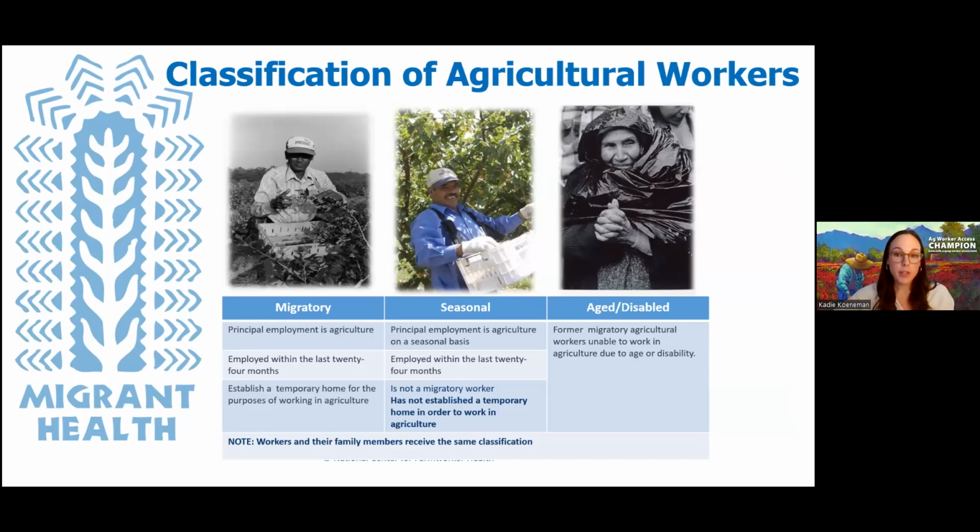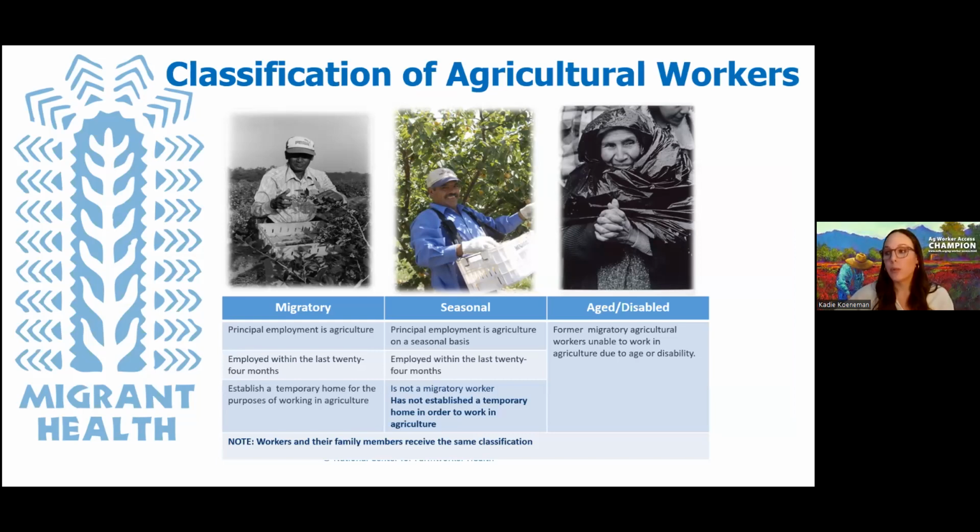There are three classifications of agricultural workers for migrant health programs: migratory agricultural workers, seasonal agricultural workers, and aged and disabled former migratory agricultural workers. Migratory agricultural workers, their principal employment is in agriculture.